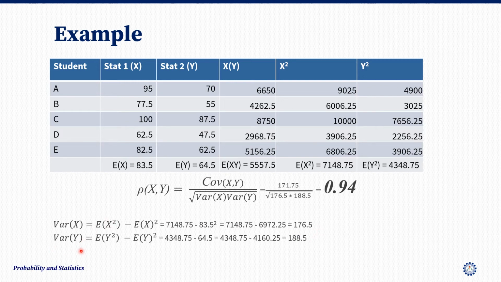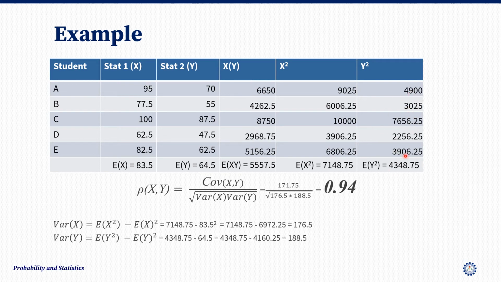To get the variance of y, we follow the formula: the expected value of y squared minus the expected value of y, squared. To get the expected value of y squared, we first square the y variable. So 70 times 70 is 4,900, and so on and so forth.